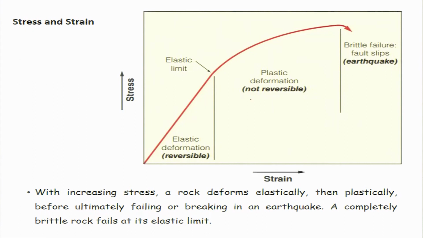But if you deform more, of course there will be a rupture or fracturing, and it will never come back. This is plastic deformation, and further if you keep deforming, there will be brittle deformation, and that is the failure. So finally fracturing will take place if you cross the threshold limit of the material.